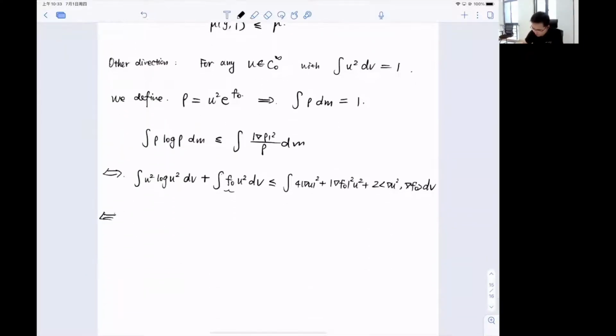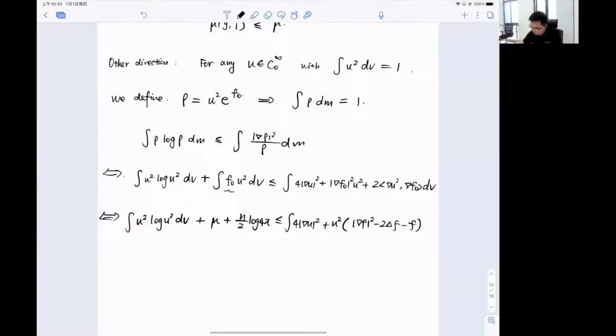So here, the left-hand side can be rewritten as the integral of u squared log u squared plus mu plus n over 2 log 4 pi. So this is the left-hand side. And for the right-hand side, we can use the definition for f0, and for the last term, we use integration by parts. So this is the integral of 4 gradient u squared plus u squared times gradient f squared minus 2 Laplacian f minus f, then dv.